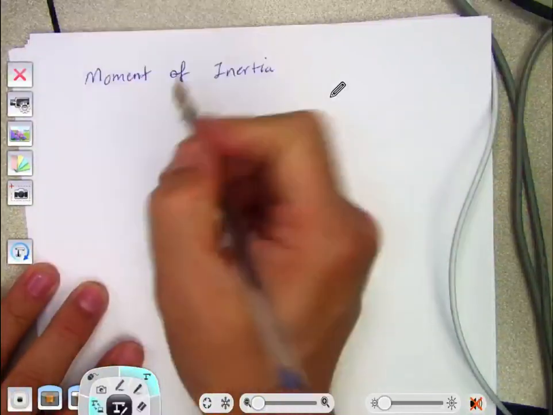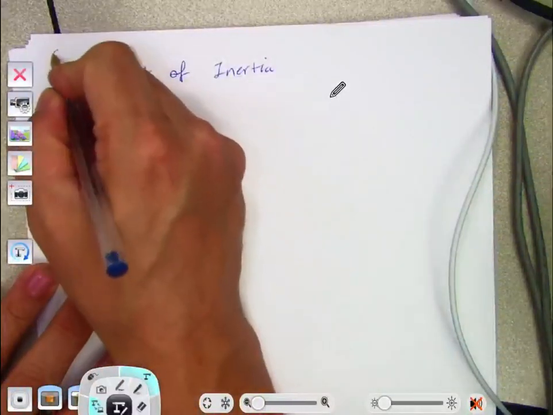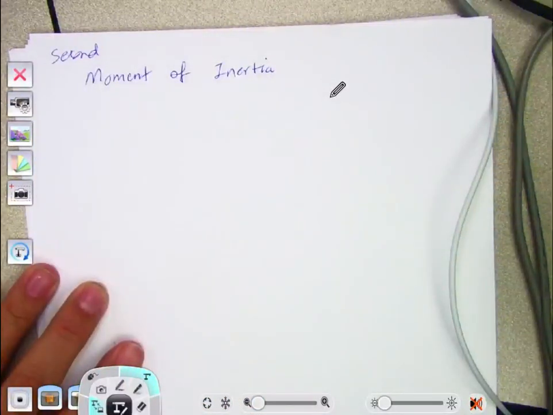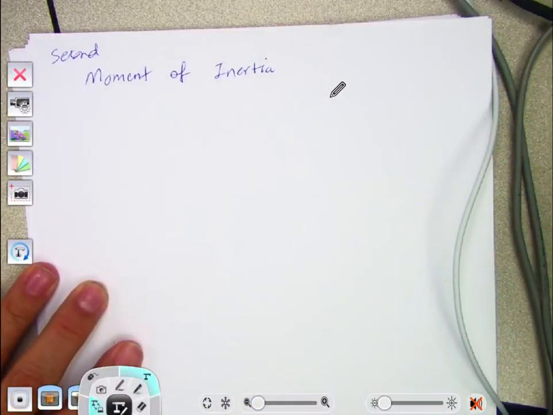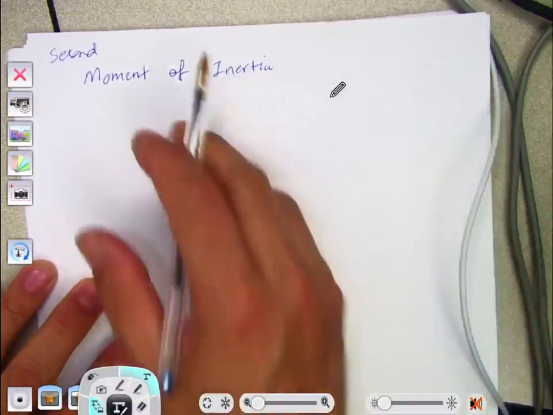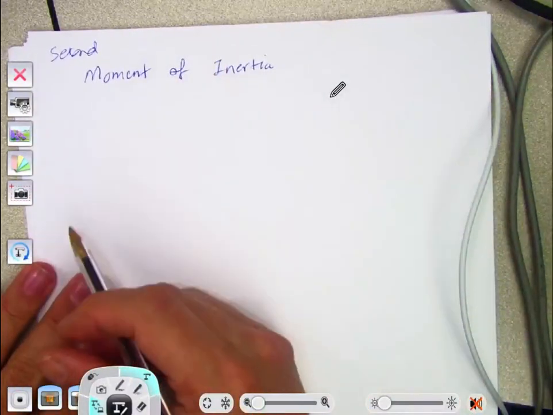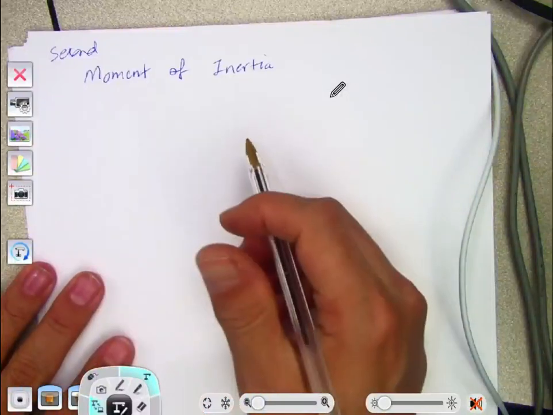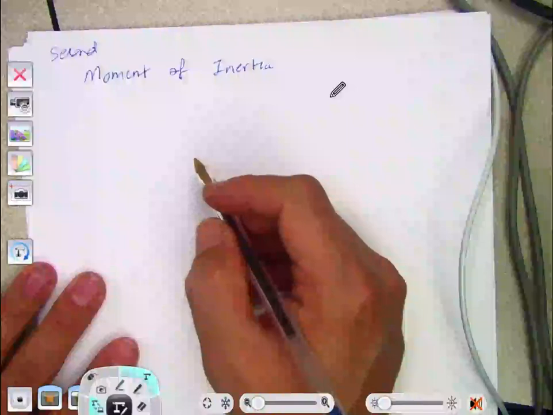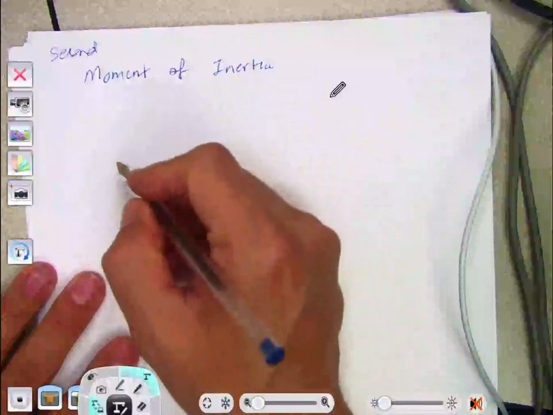We are going to focus on second moment of inertia. You have become familiar with first moment of area, but second moment of inertia is something we're going to talk about today. As I said, this is completely a geometrical property, and it's a mathematical discussion.